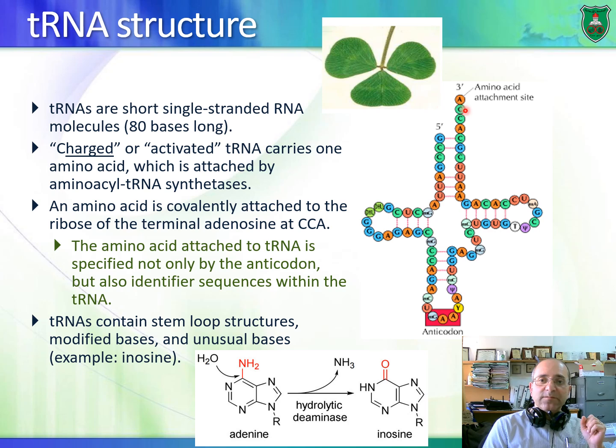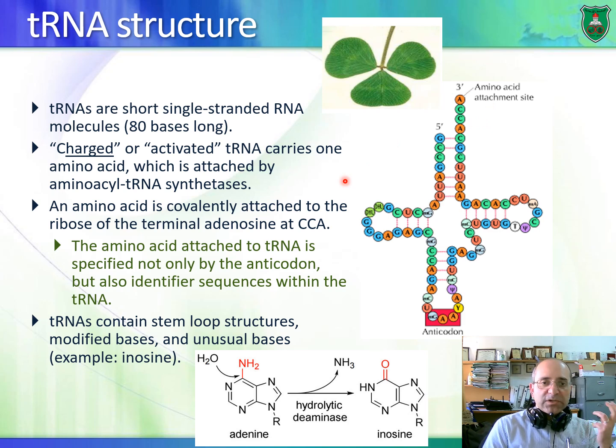They look at certain sequences within the tRNA itself, particularly a 3 nucleotide sequence that exists at the bottom of the tRNA molecule, and it is known as the anticodon. Okay? And according to the anticodon, as well as other sequences within the tRNA molecules, but mainly the anticodon, you have a specific amino acid that is attached to that A at the 3' end.